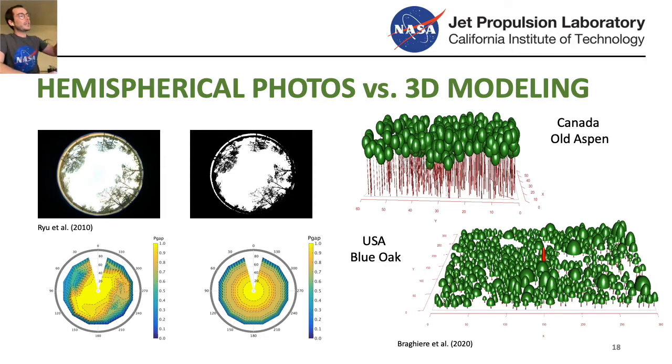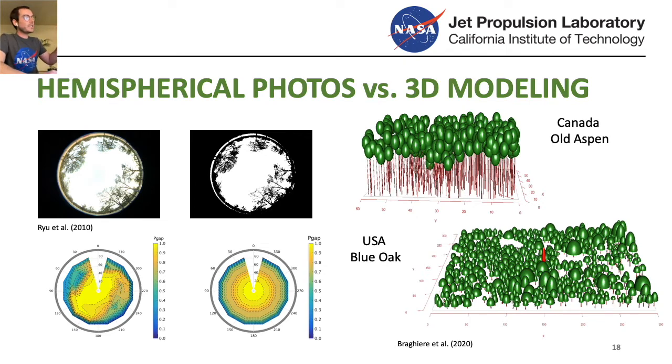And then we're going to threshold this picture into a black and white picture. Whatever is black is canopy and whatever is white is background sky. Then we calculate the P-gap, the average over all zenith angles. Zenith equals 0 is in the middle of the photo, and as we go towards the border of the picture, we increase the zenith angle, up to 90.